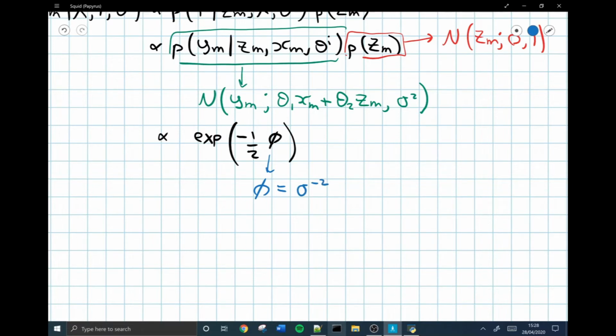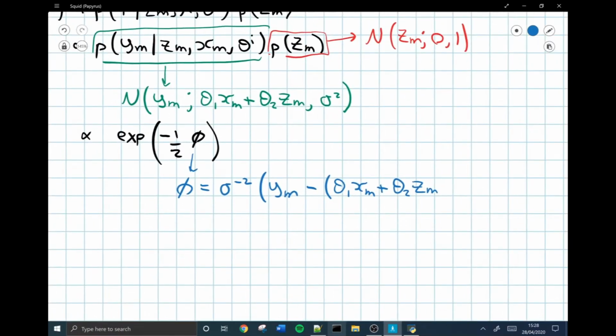So this is our noise term, multiplied by ym minus the mean. So that's ym minus this stuff, squared.